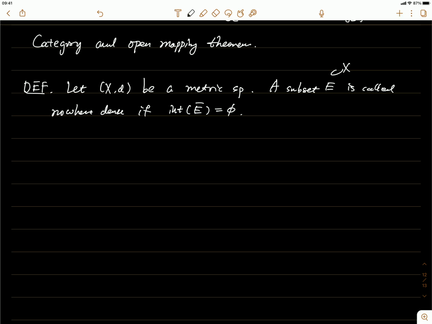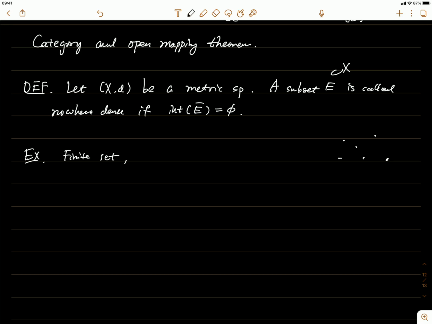Okay, so examples. You have a finite set, for example. It must be a nowhere dense set, because taking the closure gives just the set itself, and apparently the closure doesn't have any interior point.